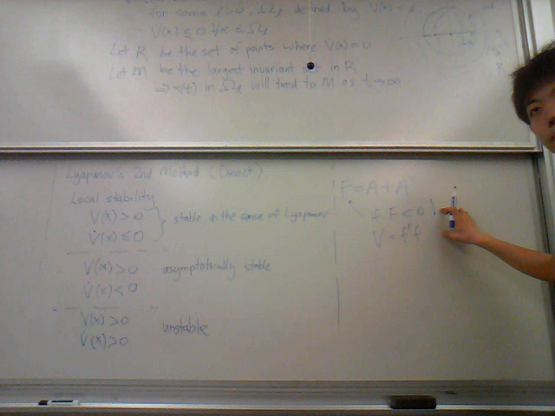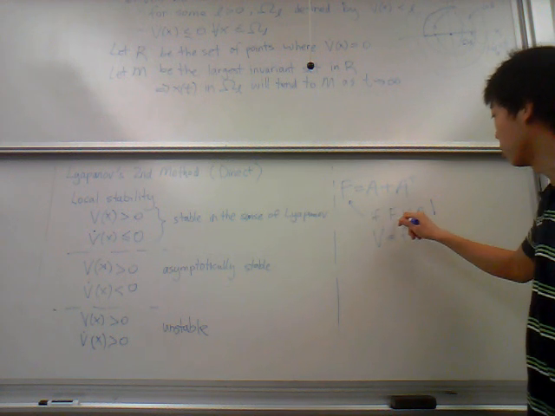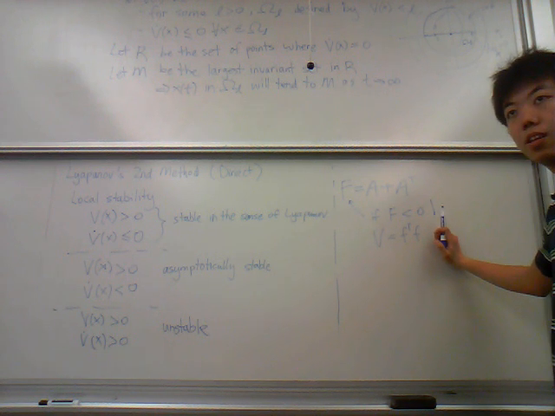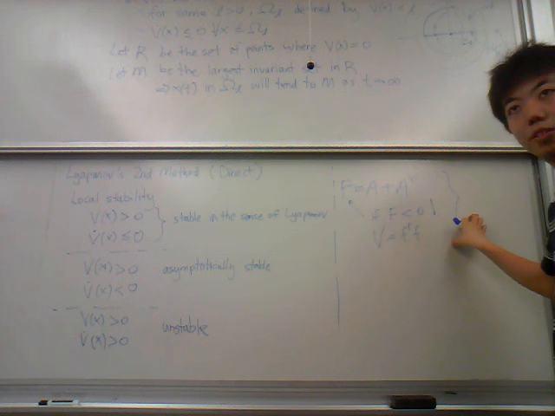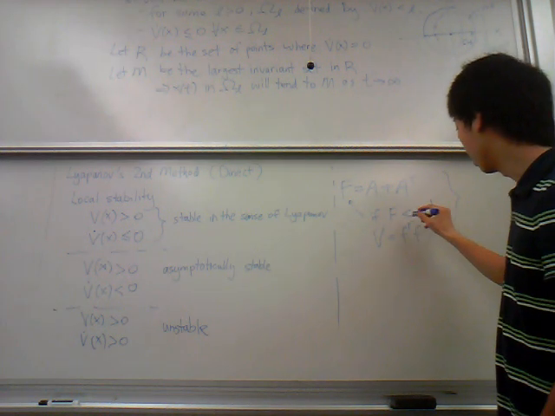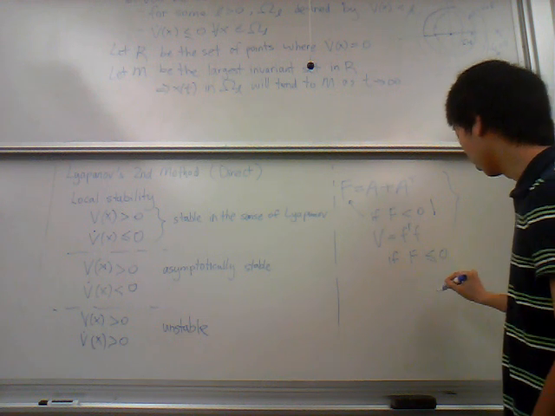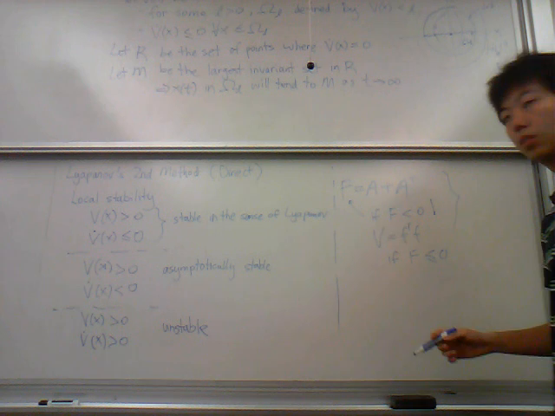I'm asking for if F is negative semi-definite. If F is negative semi-definite, there's nothing you can say, so you can't use the invariant set theorem or this Krasovsky's method. This only holds if F is strictly less than 0. If F is negative semi-definite, then you'll have to go to the full generalized Krasovsky theorem.